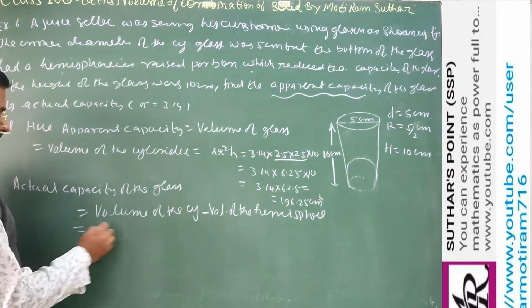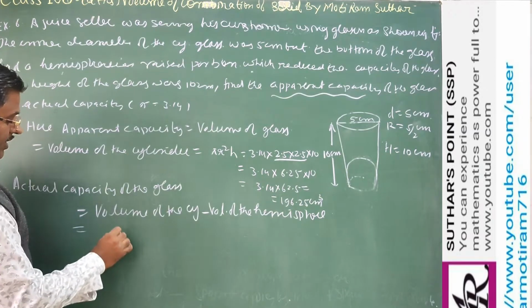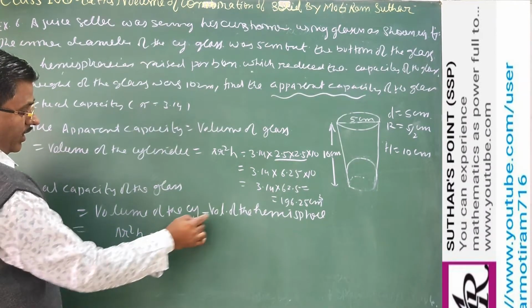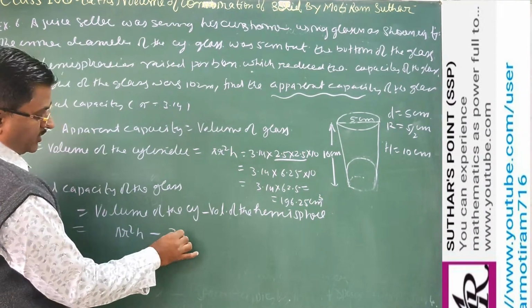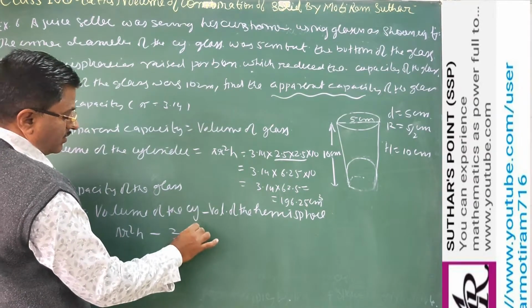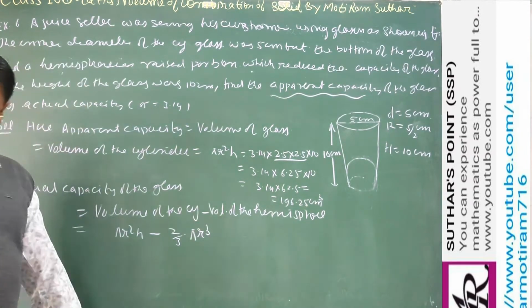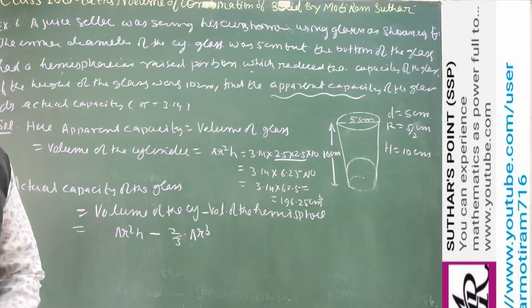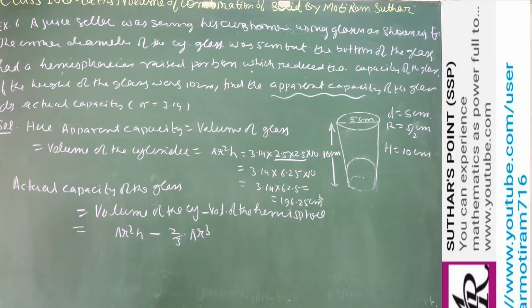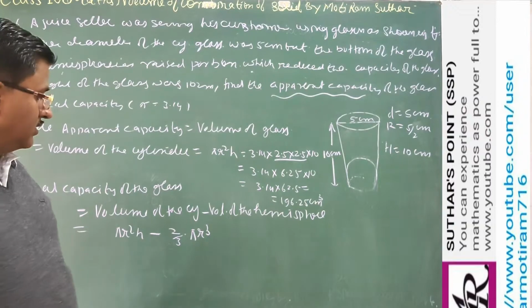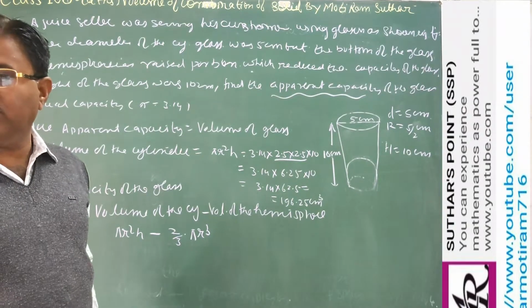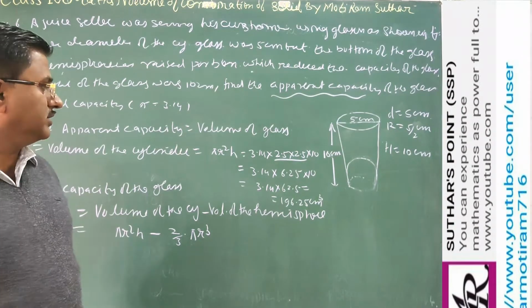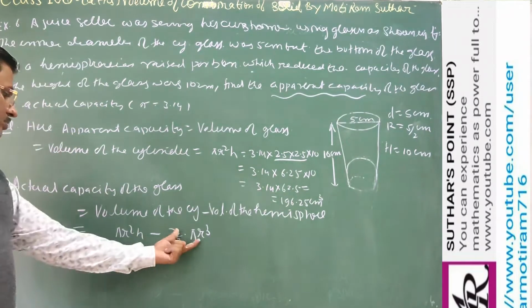So formula for volume of the cylinder we have already found, pi r square, and volume of the hemisphere is 2 by 3 pi r cube. Clear? So now put the value, either you can solve by using this formula or put the value.